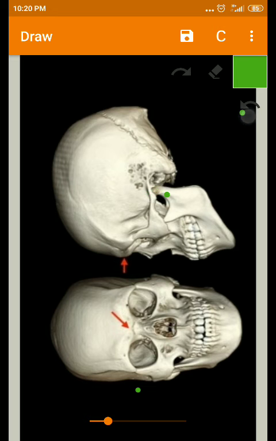So, normal dentition. The normal adult dentition includes 32 teeth. For identification, they are divided into 4 quadrants, lower and upper, and divided into central incisors, canines, premolars and molars.